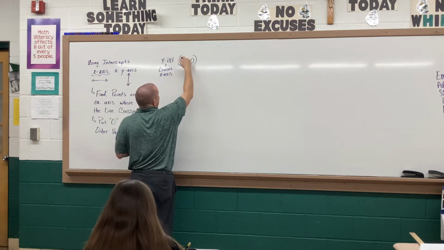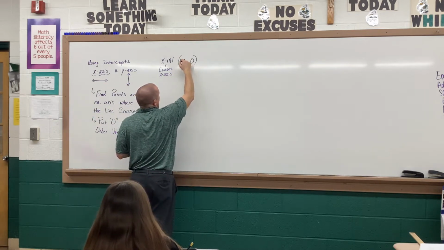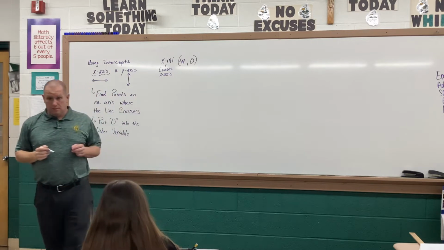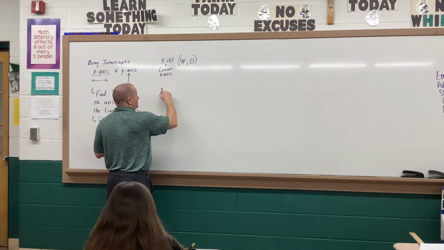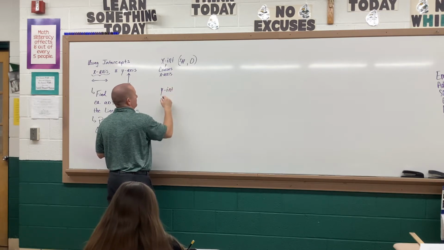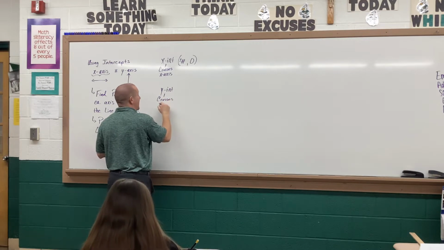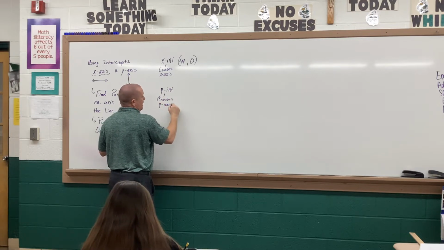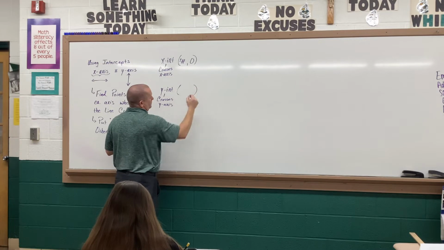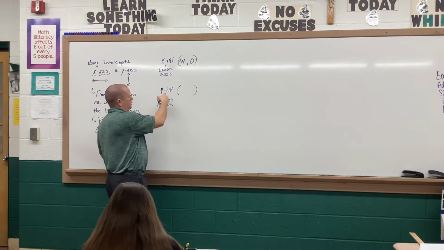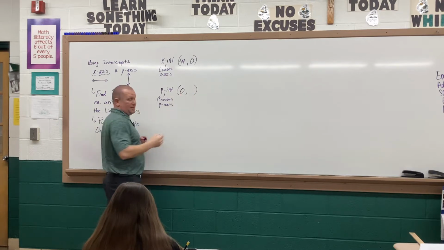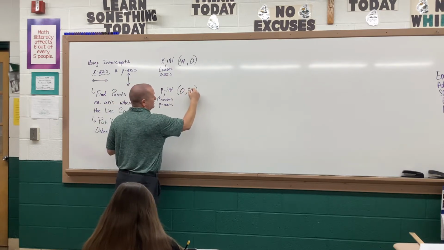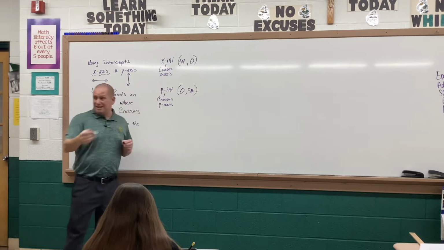Then my x is going to be some positive or negative number. If I'm going to find the y-intercept, it's obviously where it crosses the y-axis. So now I'm going to put 0 in for what? The X. Right. If I'm finding the y, I'm going to put 0 in for x. And then my answer is going to be some positive or negative number.